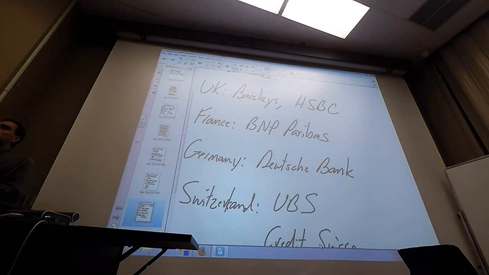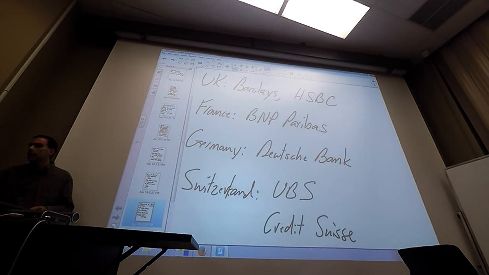And one thing about investment banking that I mentioned before, if you look at what they do, they're mostly service firms. So if we go back, some of these firms, the UK has Barclays and Hong Kong Shanghai Banking Corporation. That's what HSBC stands for. France has BNP Paribas, which is their big investment bank.